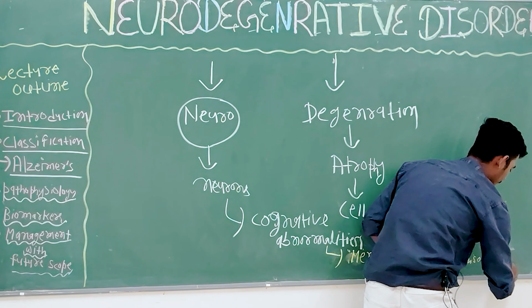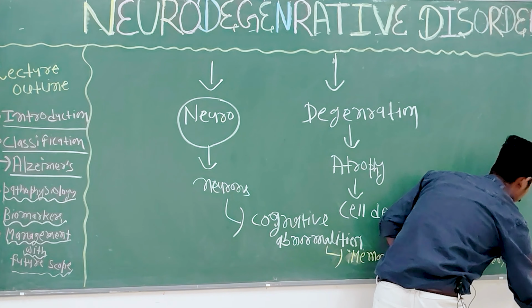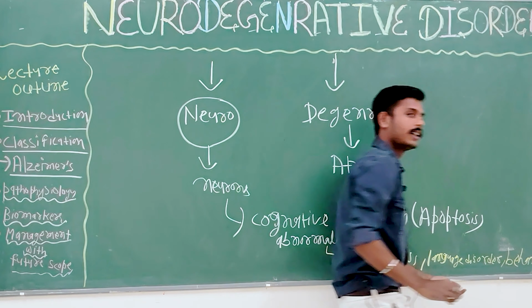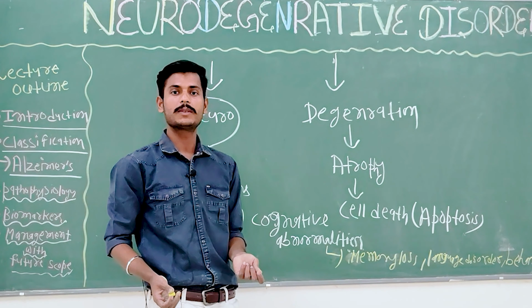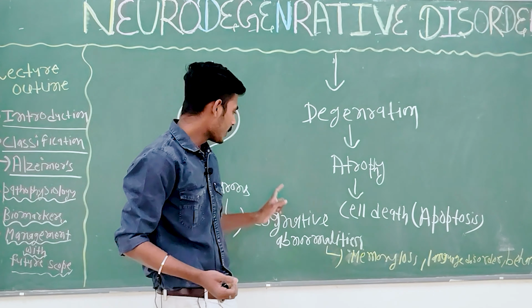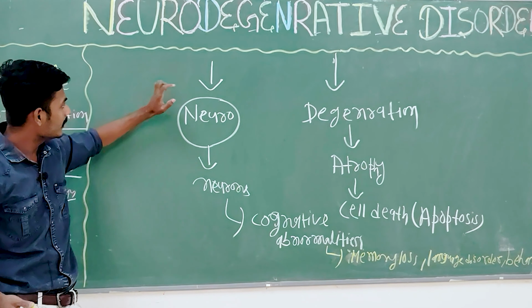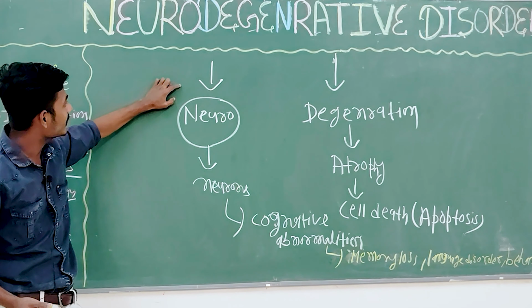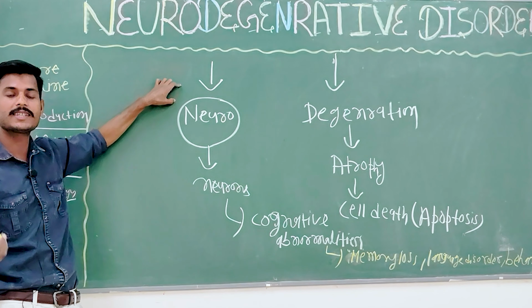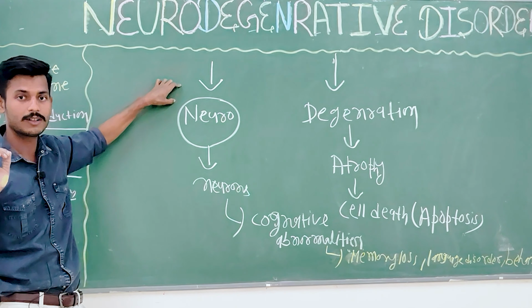Apart from that, there are behavioral problems, like the patient developing a psychotic condition. So if you pay attention, you understand that a neurodegenerative disorder is basically a disorder of the neuron, first of all.